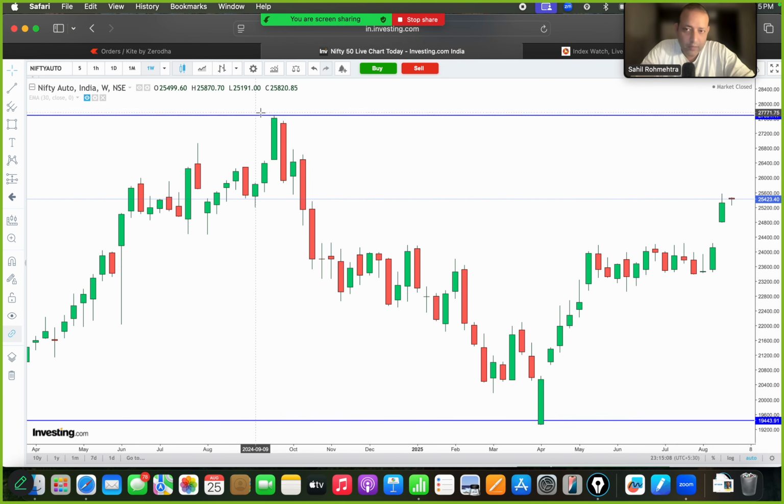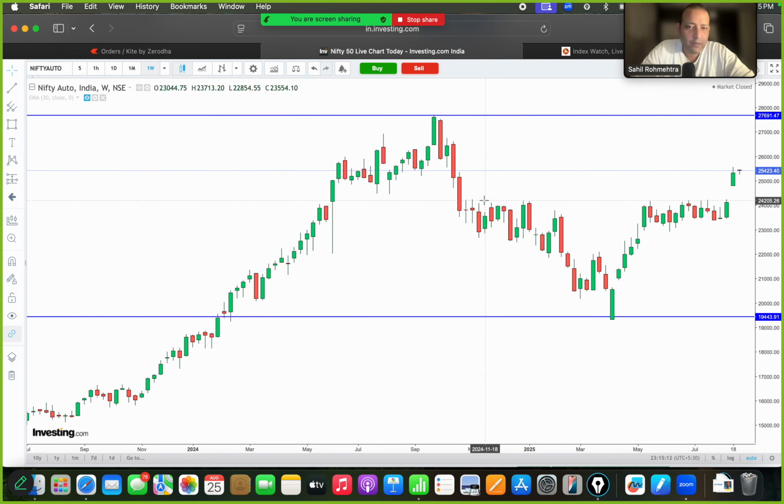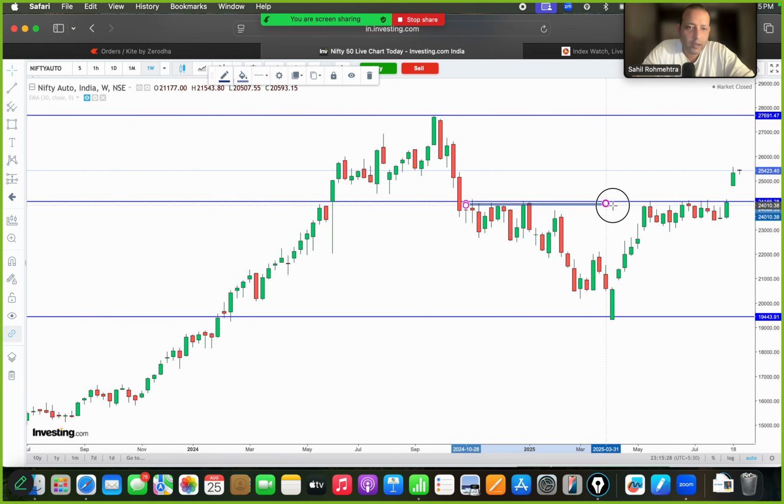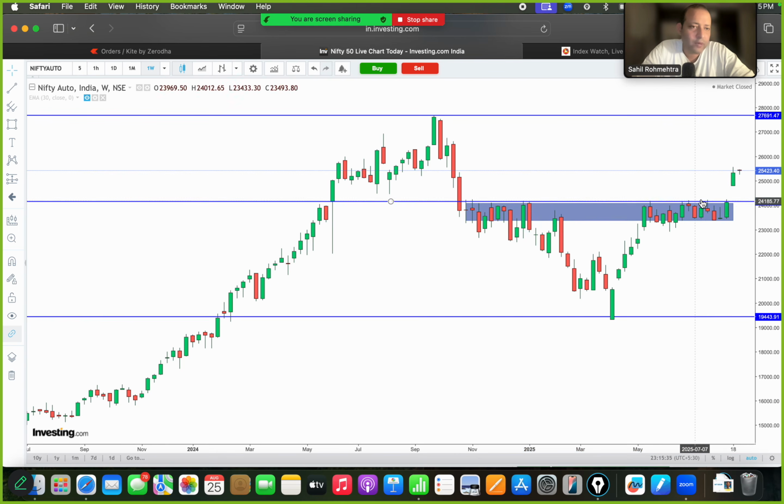Any which way, we will come back to the weekly charts, and once we do, we can very clearly see, without any ambiguity, and I'll just mark this blue line here, that this zone is a real resistance. If I select the rectangle here, so that we are all on the same page, you will see what a strong resistance this 24,150 level on the index has been.